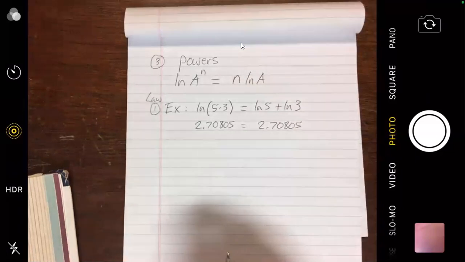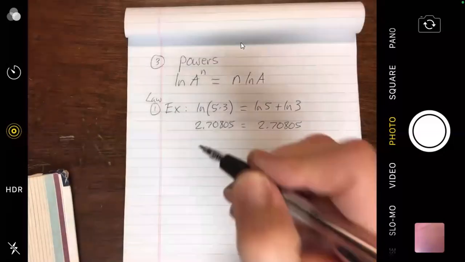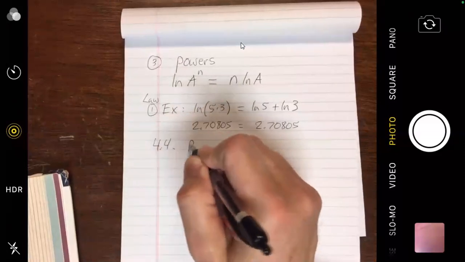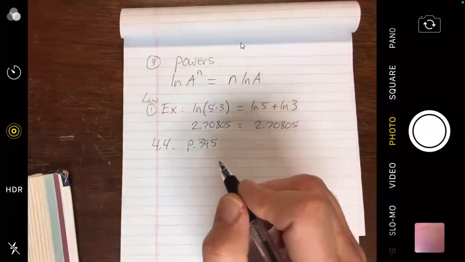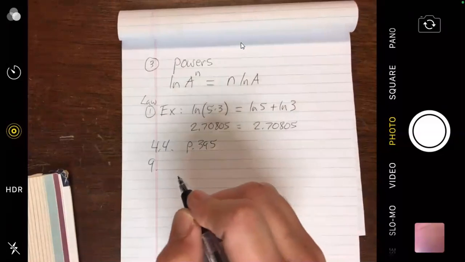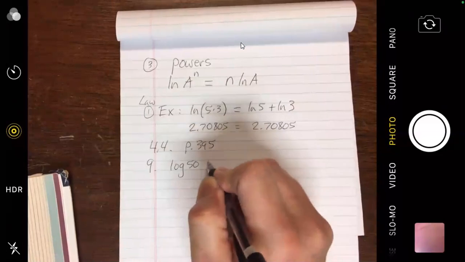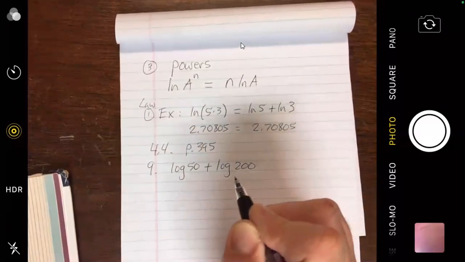So now you go to the problems, and they are going to use this on these problems. So this is again 4.4, page 395. And number 9, say, for the first one. A log of 50 add a log of 200. I want you to evaluate this.